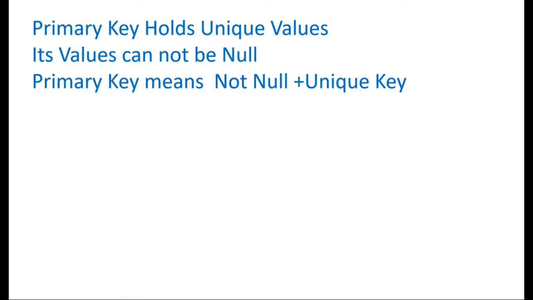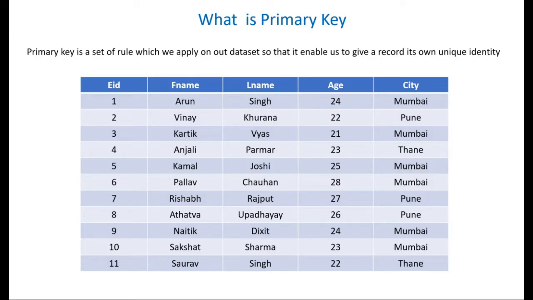It holds a unique value and the value is always not null. It is one of the most important concepts so that we can retrieve the right record with the help of the primary key. So let us go to our workbench and learn how we can create a primary key, how we can add a primary key to the table, and how we can drop a primary key.